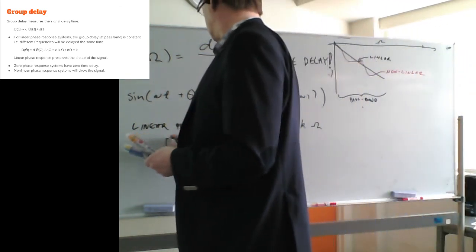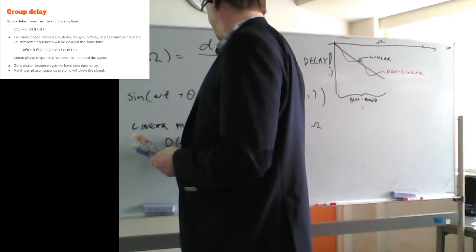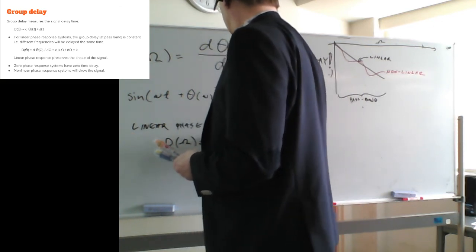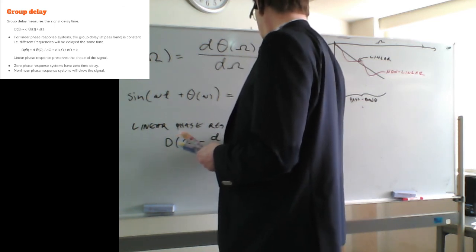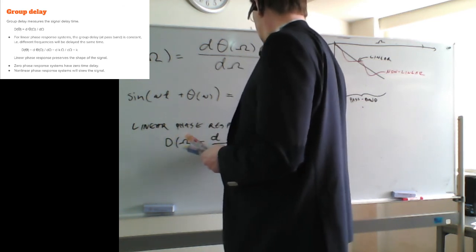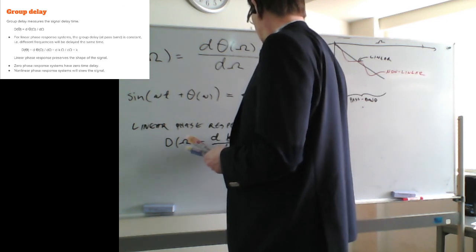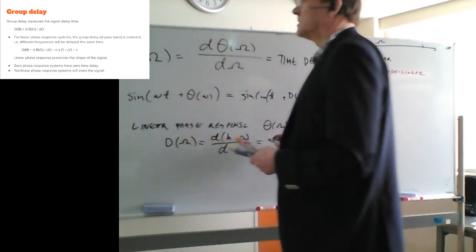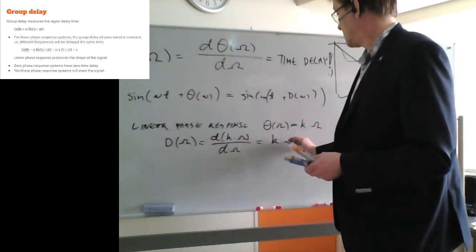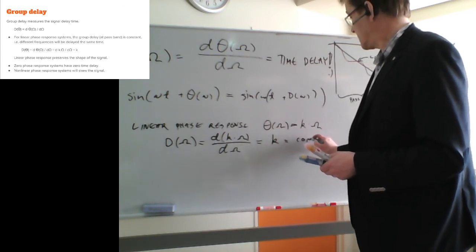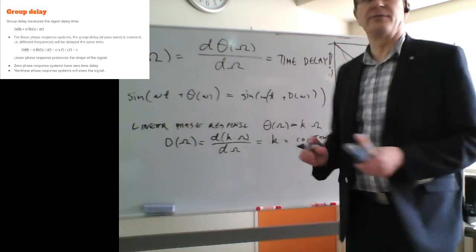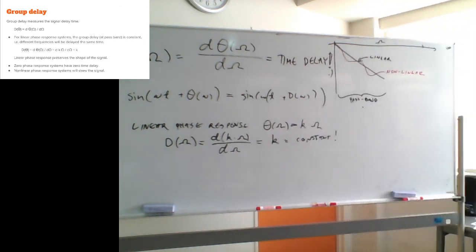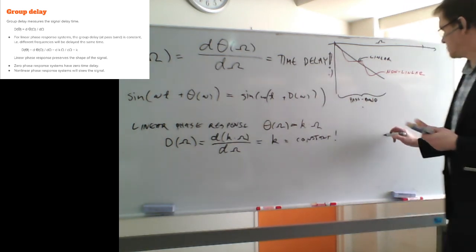And then when we calculate the group delay, you can find quite easily that this k times omega derivative over omega is simply k, which is a constant. Good thing. Think of a system, a telecommunication system.